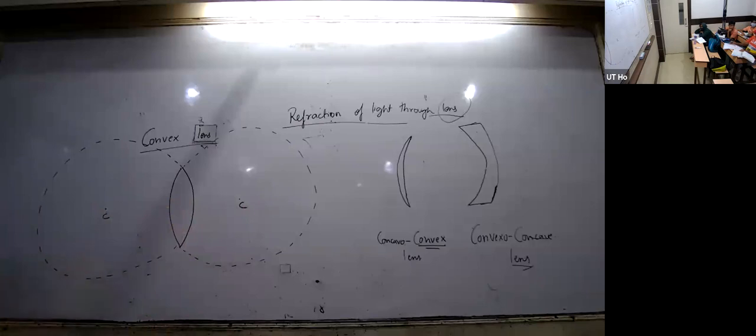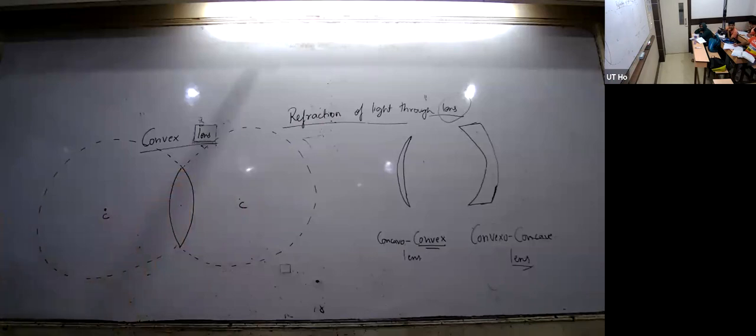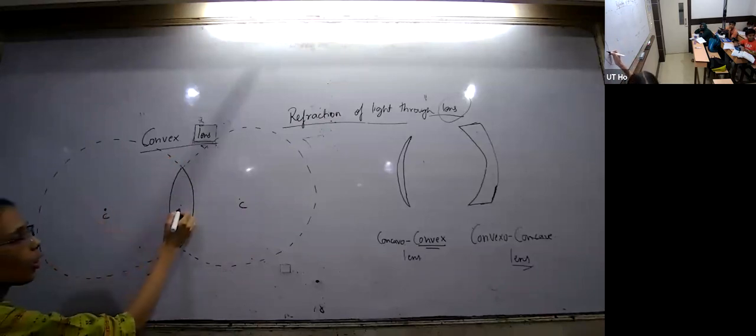Now what is the second thing? The second important thing is, this is the curved surface and there is one center point in this lens. In mirror we had a center point of the mirror. We labeled it as pole. And for lens we label the center point as optical center.